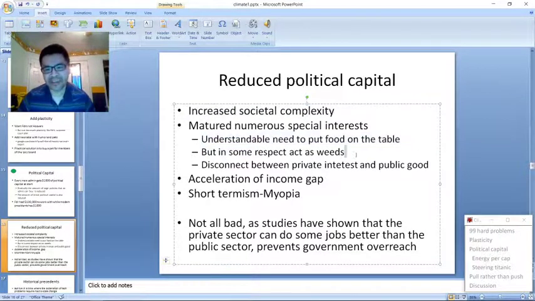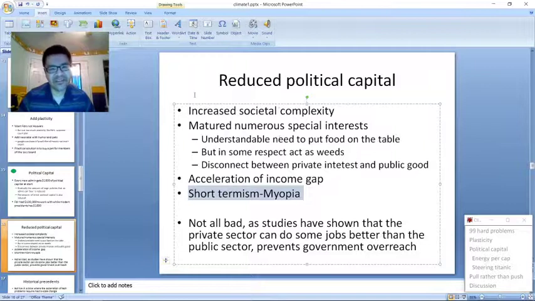But in some respects, they act as weeds and enlarge the disconnect between private interest and public good. The acceleration of the income gap and short-termism myopia orients the public towards only the present.